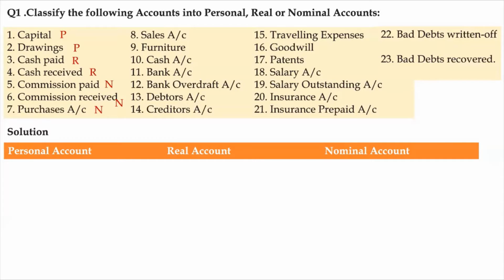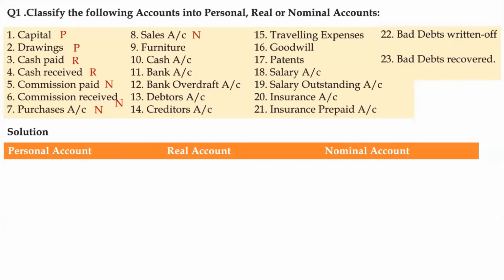Now the eighth one is sales. When we sell our goods and services it is called sales and we receive some money. So we are receiving revenue and revenue is related to nominal account.